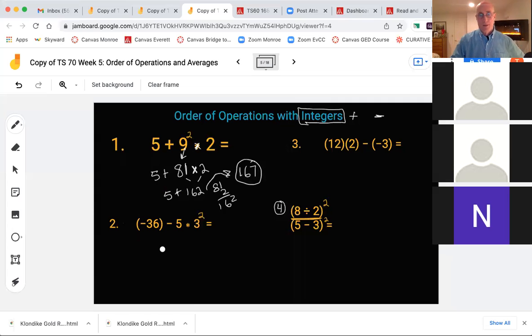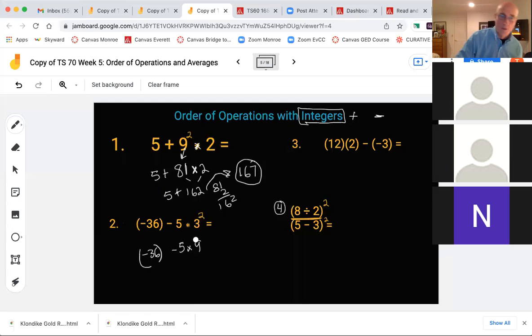Likewise, in number 2 here, I won't do the whole problem. I just want you thinking it through. Parentheses first, there's no actual operation to be done here, so there's nothing to do there. Exponents next. This is an exponent. 3 squared is 9. So now I have 9 times -5 here, and then I've got -36 here, okay?